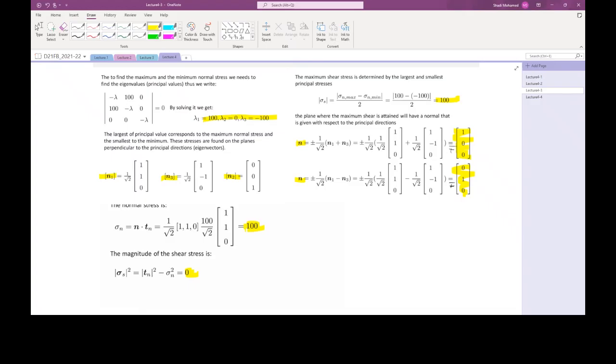That the maximum stress, the entire magnitude of the stress is 100. So you see 100 is appearing everywhere. Anything else?